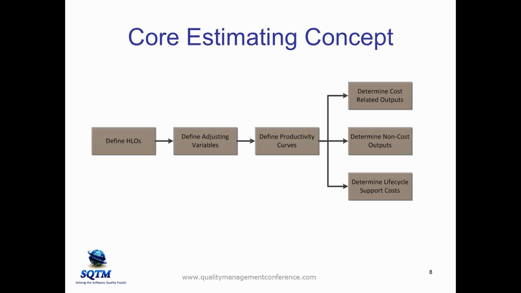But all of those models have some core concepts in place. So let's talk about that a little bit and make sure we understand some of these core estimation concepts. We always want to start with some kind of measure of size. In bottom-up estimation, we're starting with a measure of activity.